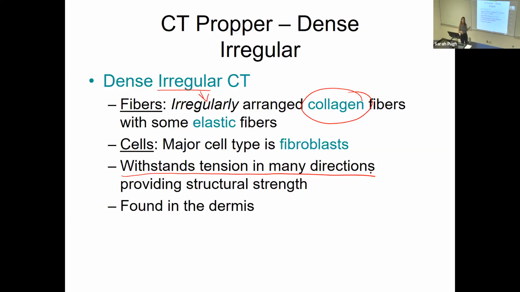So this is a tissue that is really tough, can withstand tension from lots of directions, but it's not foolproof. It can tear. If you put too much tension on this tissue too quickly, it'll tear. And we see this in our body as stretch marks, right? Think about what causes stretch marks.